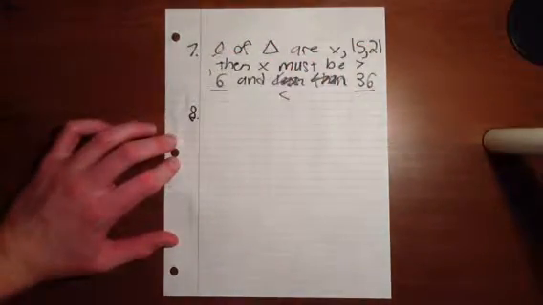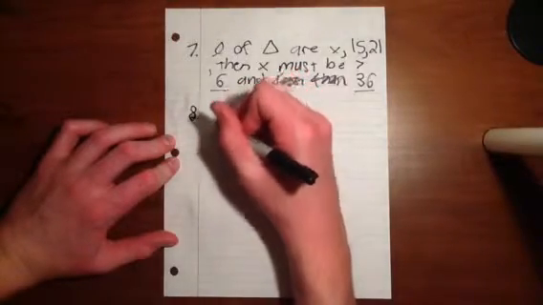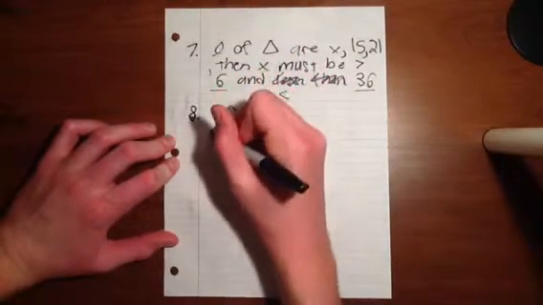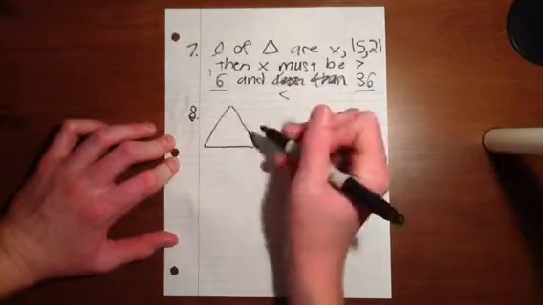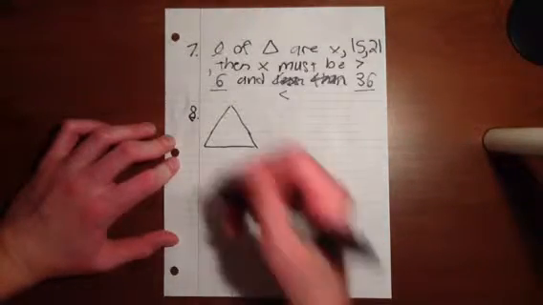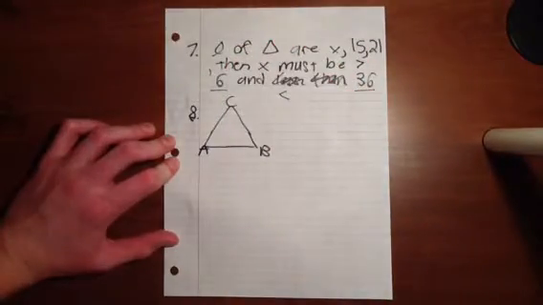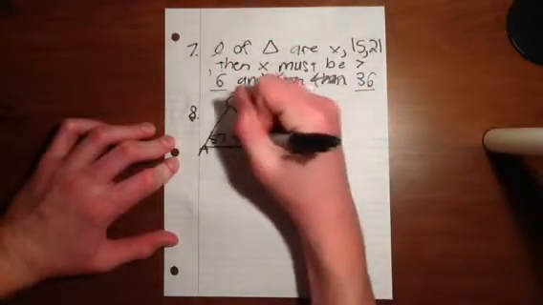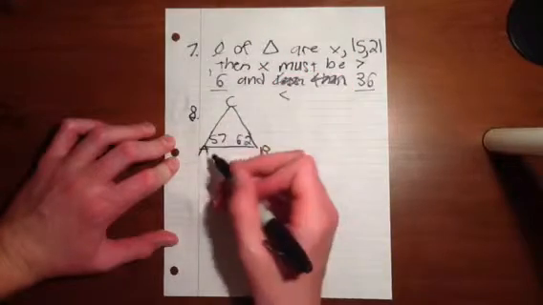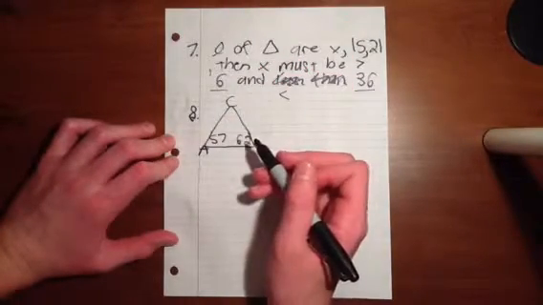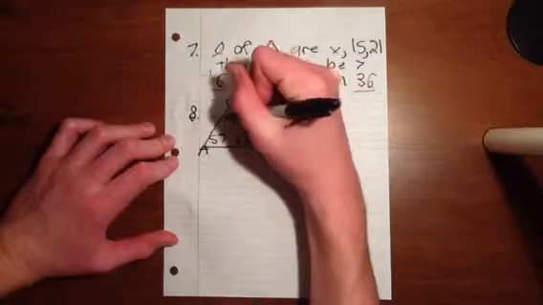Number 8. For numbers 8 through 10, we are trying to prove which segment would be the shortest out of 3 diagrams. So 1 diagram per problem. So label the diagram for number 8, which is a triangle. And all 3 angles add up to 180.